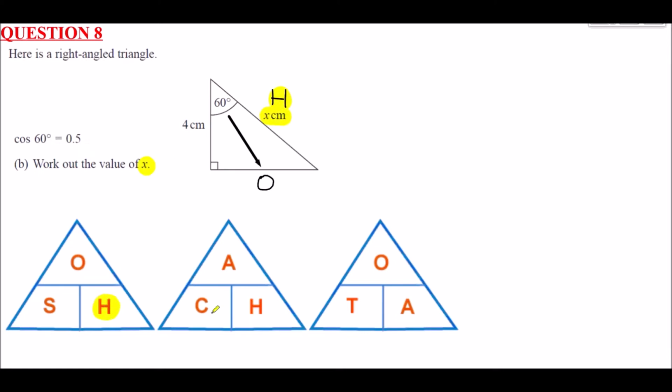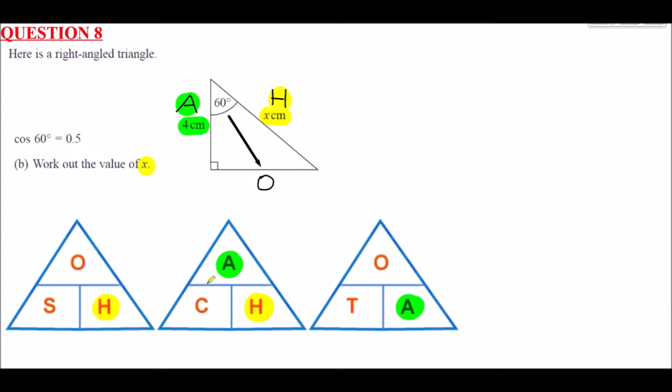So I'm going to colour in h on these triangles just as a clue to myself. The other side I know, if it's not the O or H, it's A. So the side I know over here is the adjacent side. So the adjacent side is 4. Wherever I see an A, I colour it in. I want to work out x, which is hypotenuse.